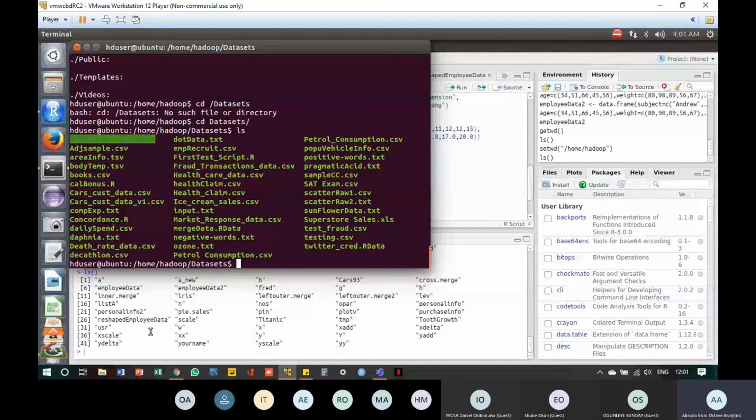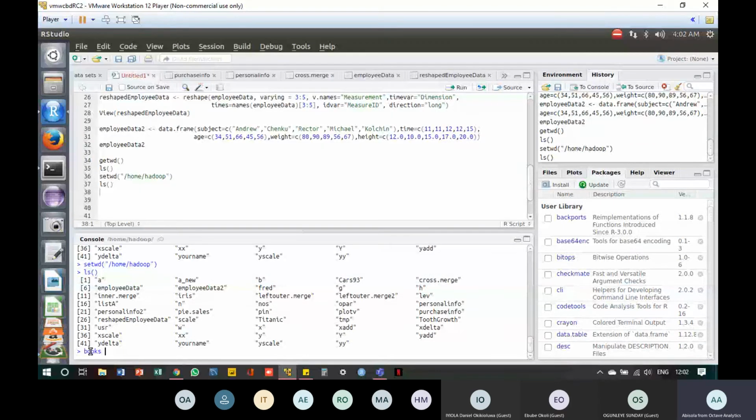So let's read our files from data sets. So let's read it into books. So books, read, so you use read.csv to read CSV files. And then we are on home/Hadoop. We're not yet on dataset.